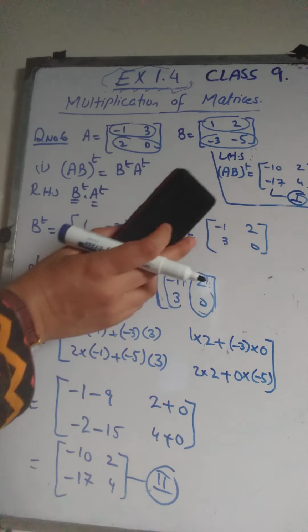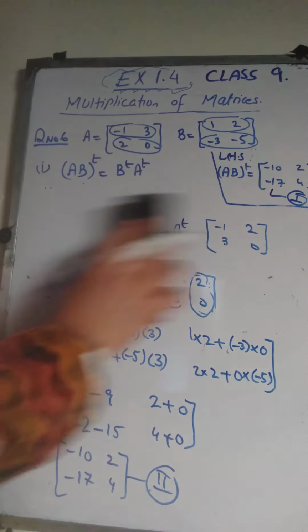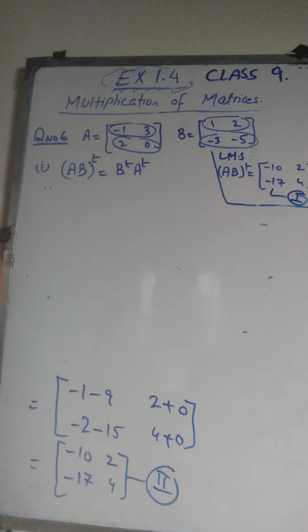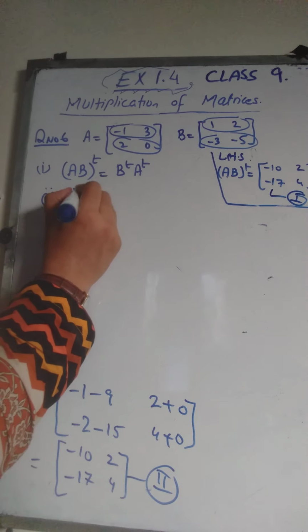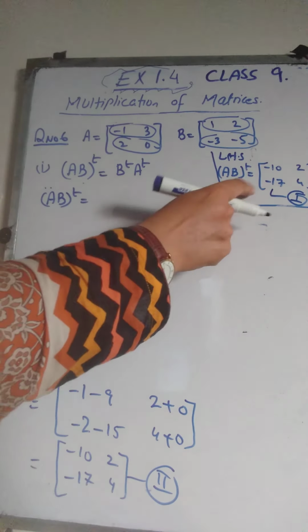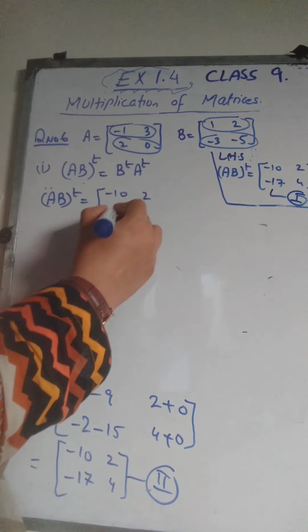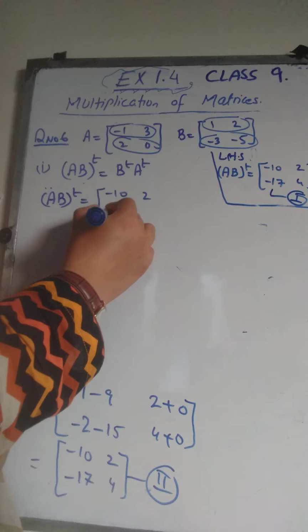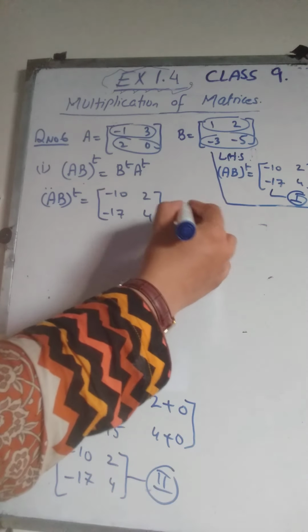Okay, now let me write both the sides and do the comparison and write the result. The left hand side was equal to AB whole transpose. We calculated and got the result in the form of the matrix -10, -17, 2 and 4.